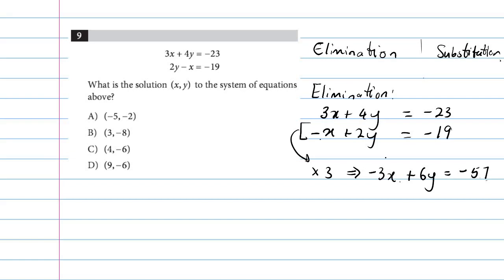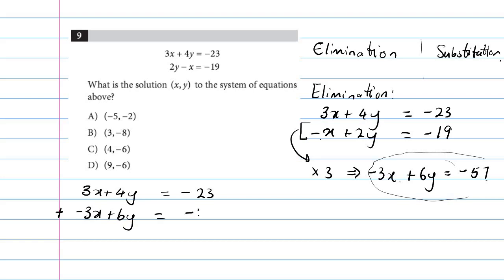Now you have to add this equation and this equation. How do you add them? You have 3x plus 4y, the first equation, and you add the other equation that we obtained by multiplying by 3, which is negative 3x plus 6y equals negative 57.